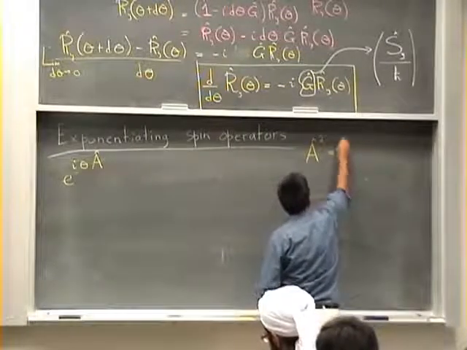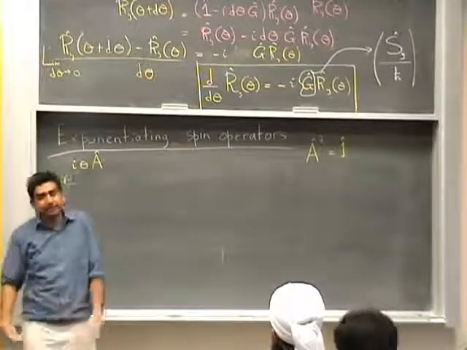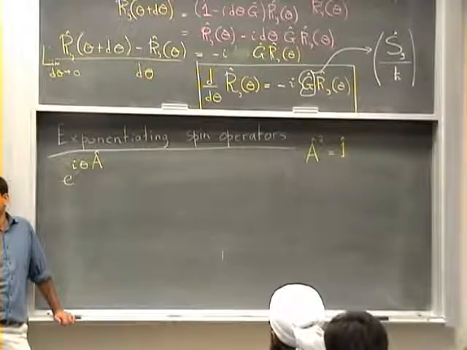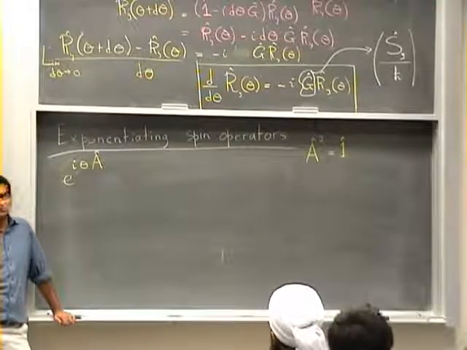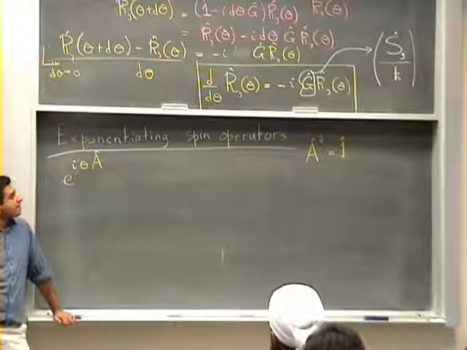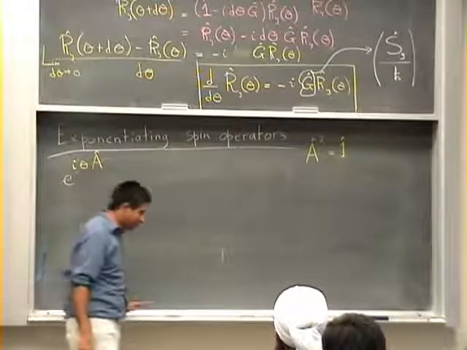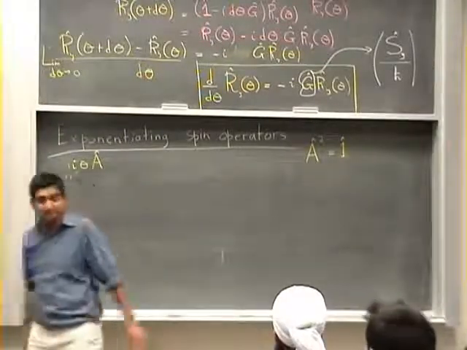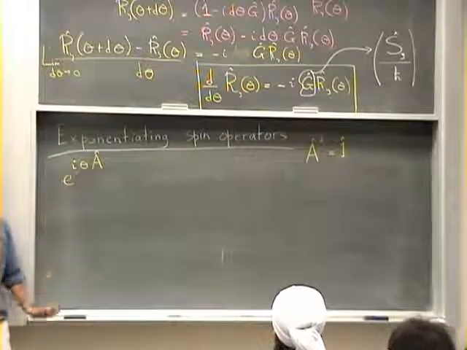A squared is equal to identity. Suppose A has this property. A is equal to A inverse. Oh, sorry. It's not idempotent. The square of A is just identity. Okay? The square of A is identity. It's not idempotent. Sorry.